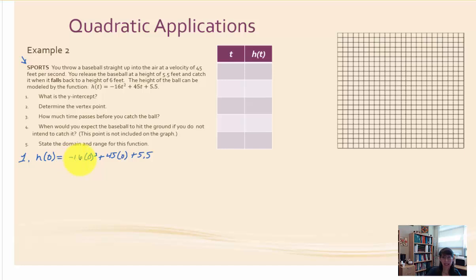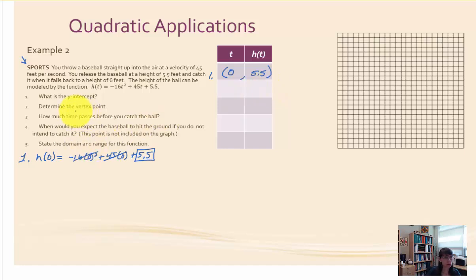Negative 16 multiplied by 0 quantity squared is going to be 0 and eliminate. 45 times 0 eliminates, and that leaves us 5.5. So the ordered pair we've just generated is a time of 0 had a height of 5.5 feet. So 0, 5.5 is our first ordered pair.